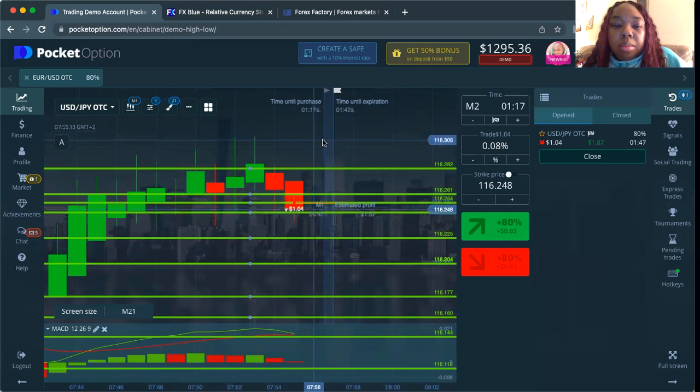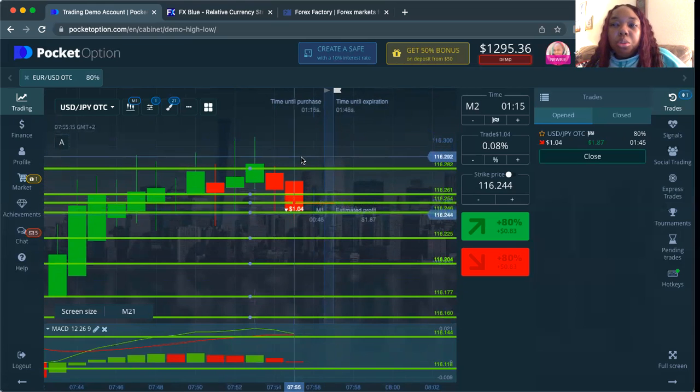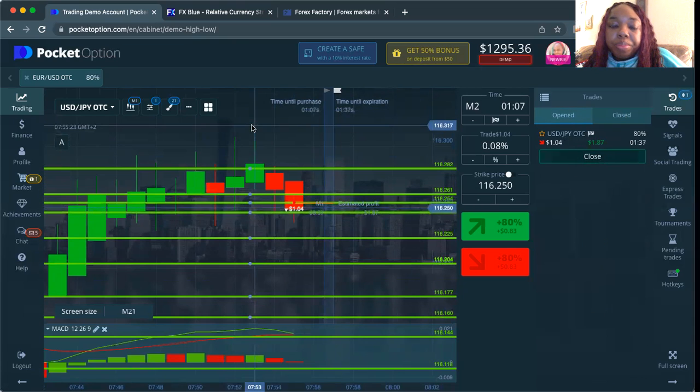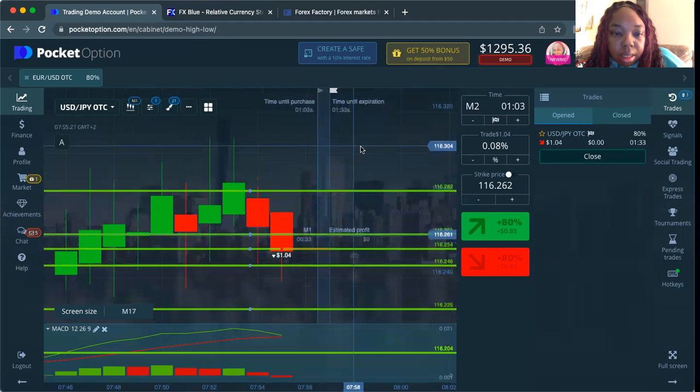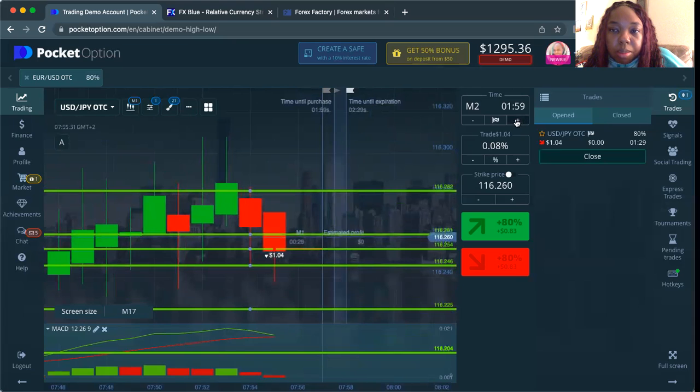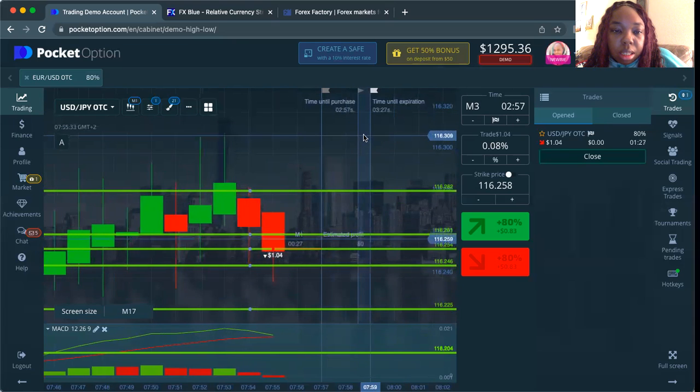You can't rush it, basically. That was a perfect example, because I lost that trade just because I did not wait. You've got to wait. And I should have done 3 minutes. I'm going to move my chart to 3 minutes. So we'll see.